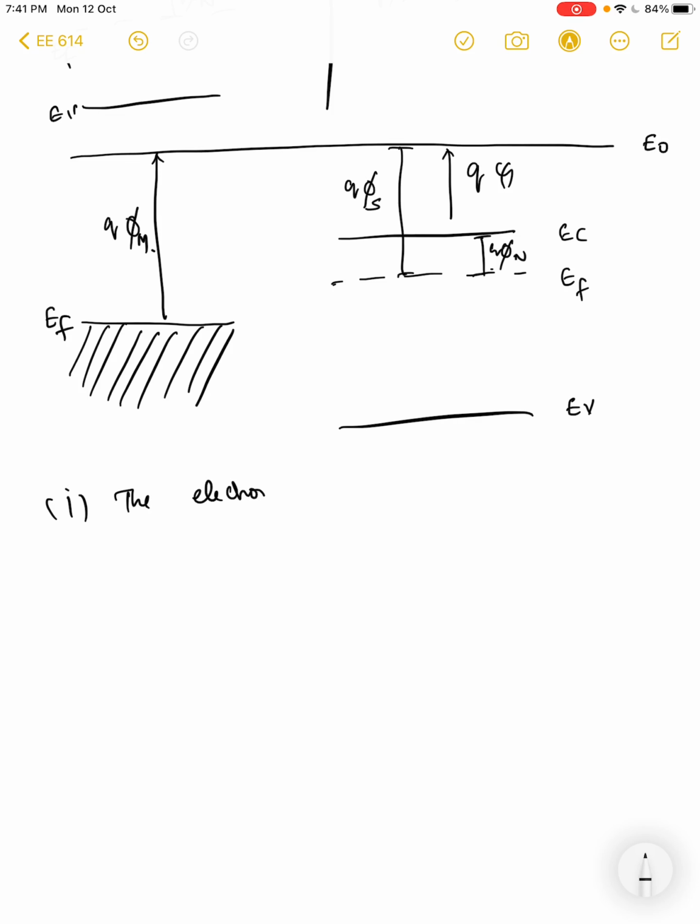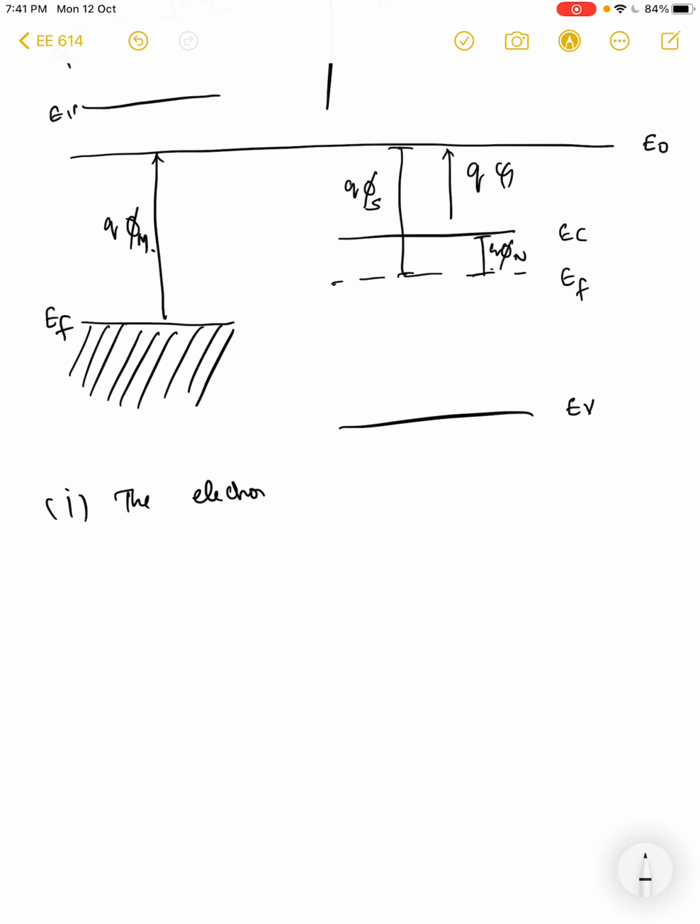So for total energy, the system would want to go to a lower energy level, and hence the electron will jump from the conduction band in the semiconductor to the Fermi level of the metal till the Fermi levels match. Fermi levels will determine the occupation probability, and when they match, the number of electrons going from right to left will equal the number of electrons which go from left to right, and hence you get a steady state situation, right?